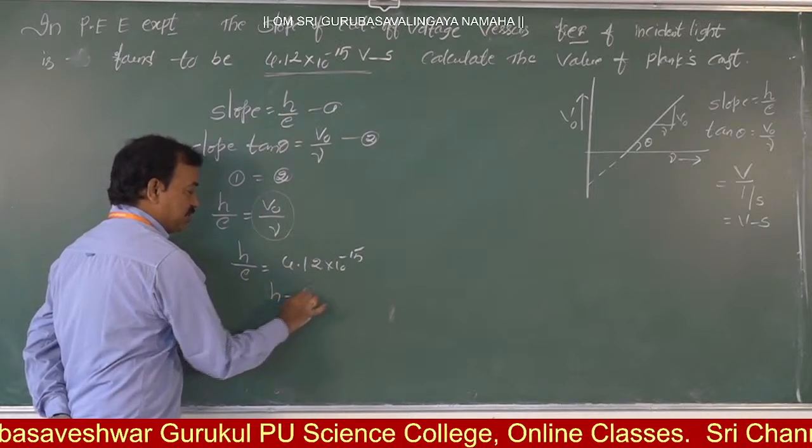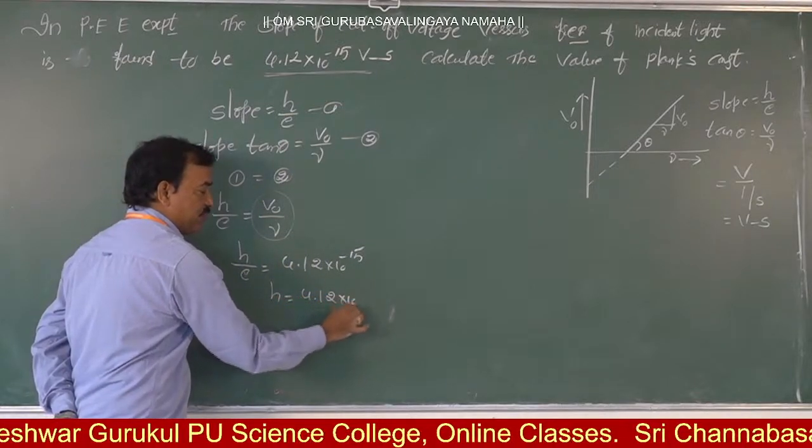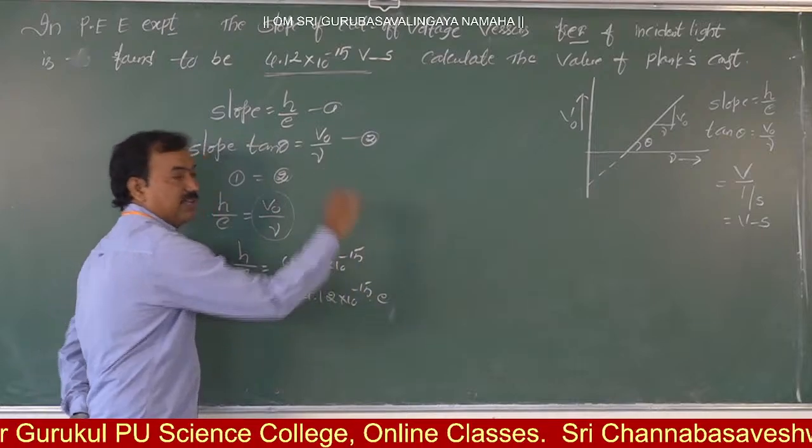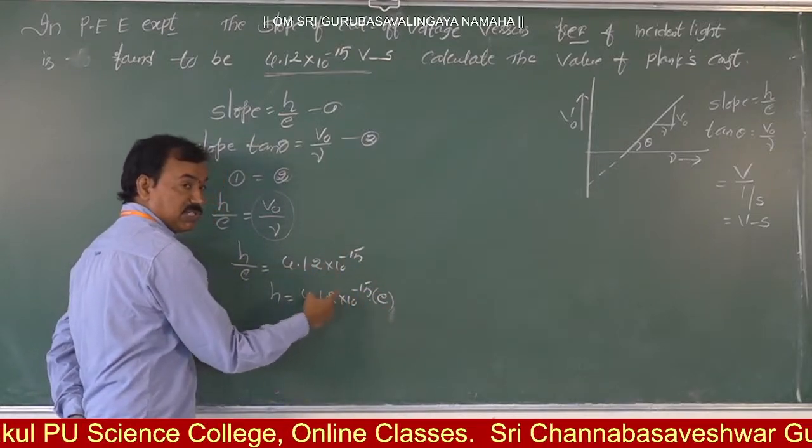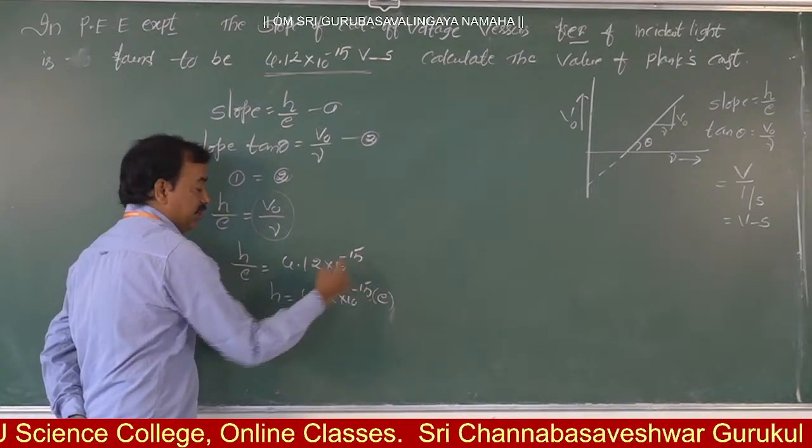So h is equal to 4.12 into 10 to the power of minus 15 into e, where e is equal to 1.6 into 10 to the power of minus 19.